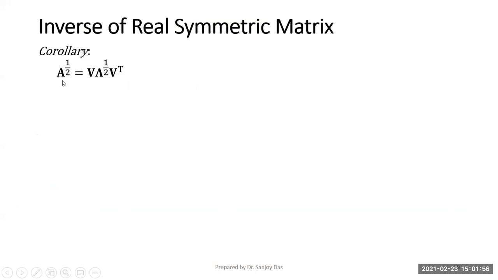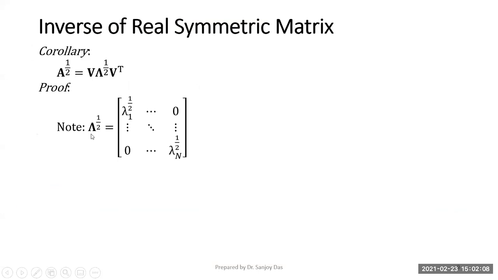Now, we can show that matrix square roots actually exist, and are given by V sqrt(lambda) V transpose. The square root of lambda is easily defined by taking the square roots of the eigenvalues, because this is a diagonal matrix.